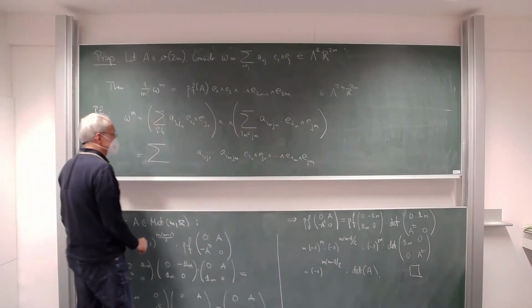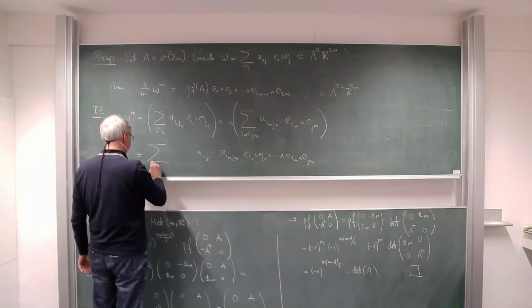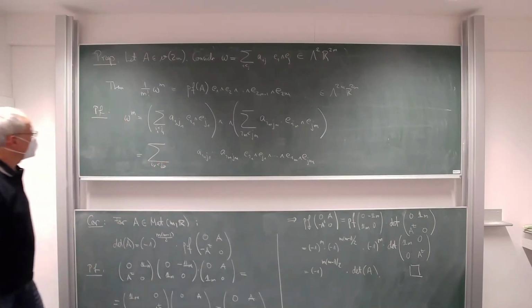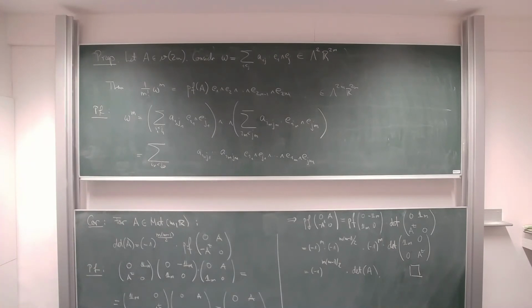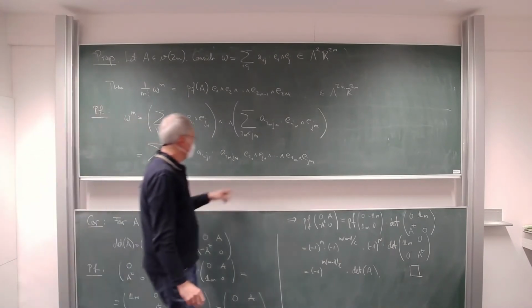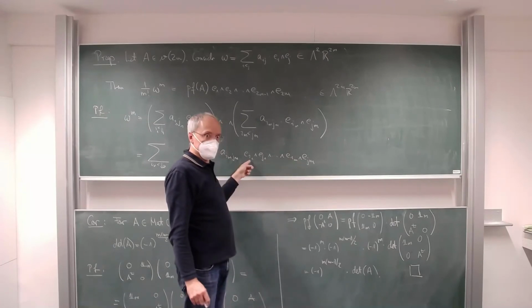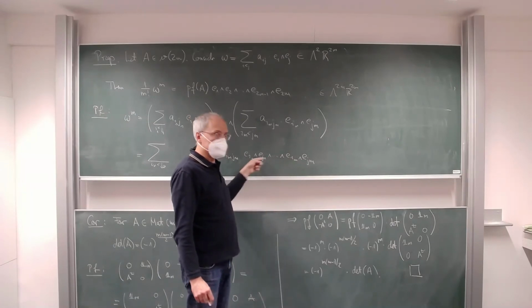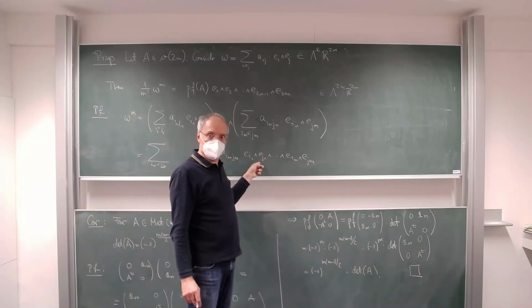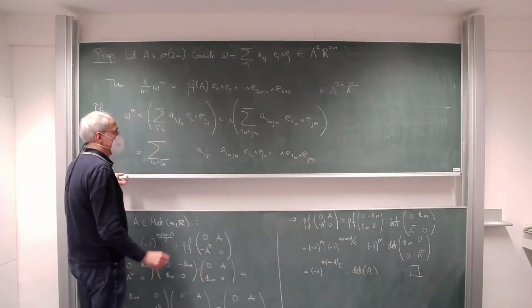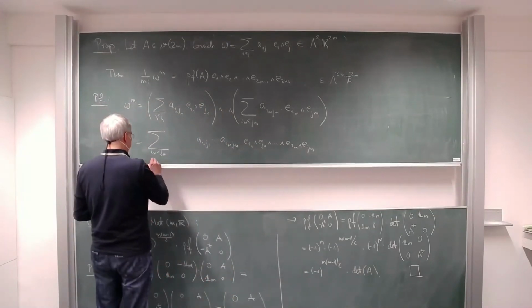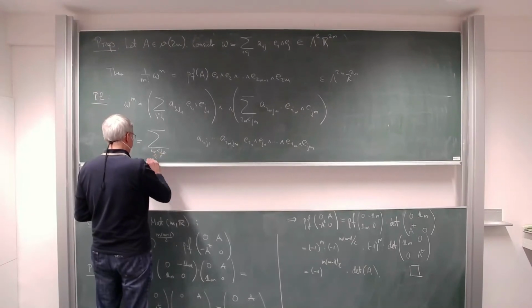And we have to sum over i_nu less than j_nu, and no further restriction, except that we can remove all those terms where this gives us 0, which appears when any two of the indices are the same. So I will not change anything if I demand that these indices are all pairwise different.